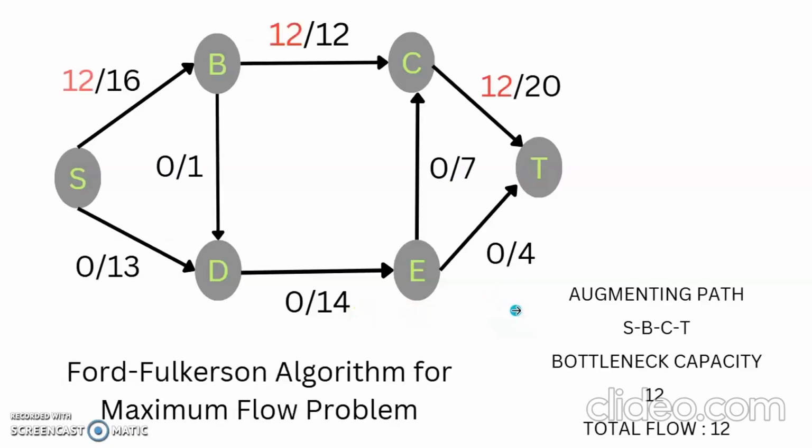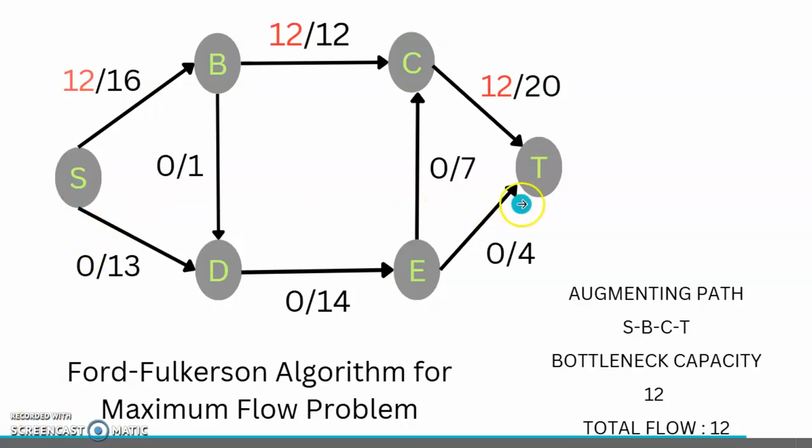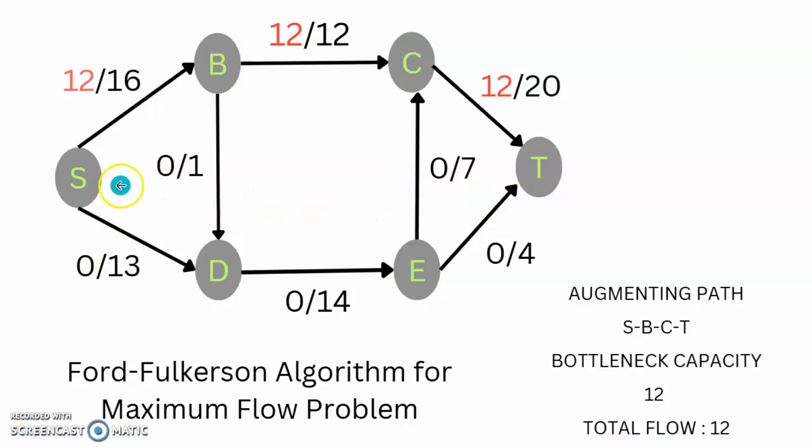Next, I should identify an augmenting path. So what is an augmenting path? An augmenting path means any path from source to sink. I have chosen S to B, B to C and C to T. If you see the capacity of each edge, S to B is 16, B to C is 12, C to T is 20.